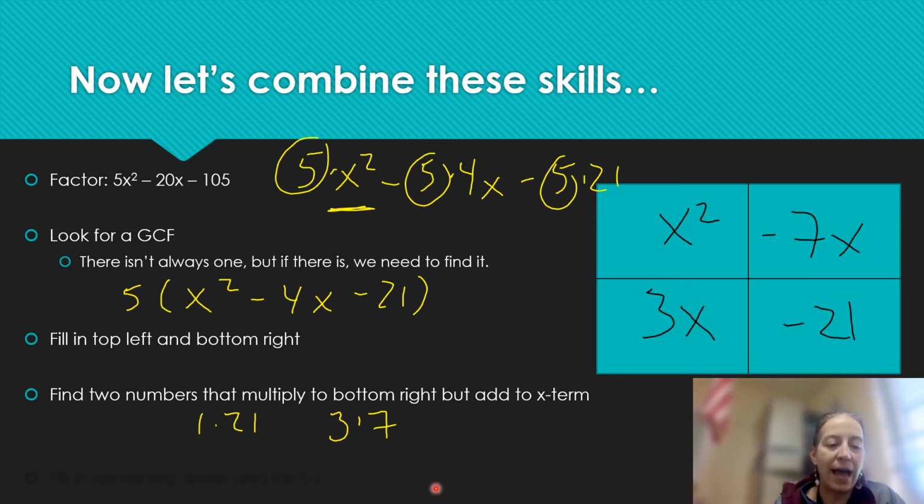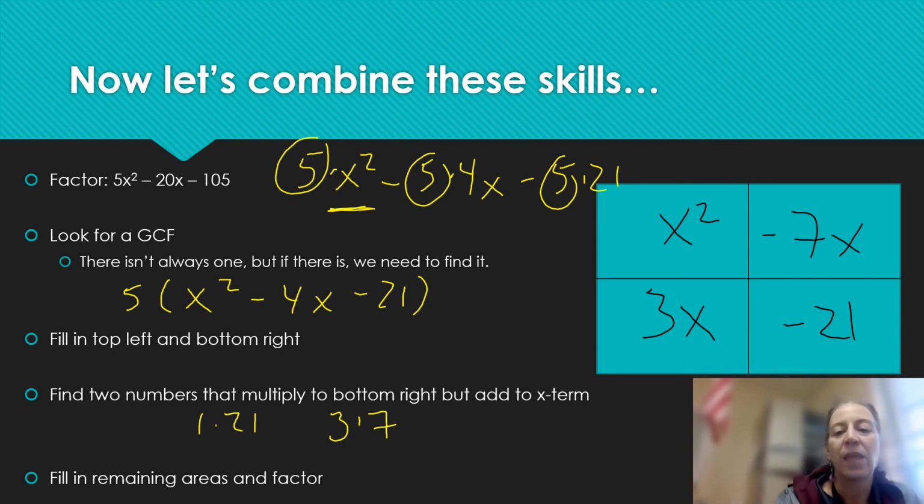Now we can go ahead and fill in the remaining areas and factor. So we have the remaining areas, and then let's go ahead and see our factors. This would factor into x times x. X going across the top means that this number over here would have to be a 3.